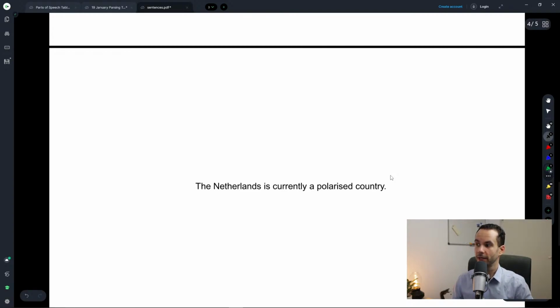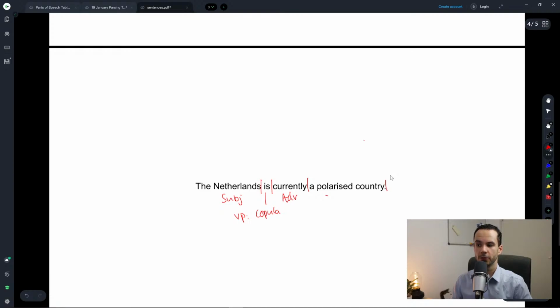So here we have the Netherlands, which is our subject. We have is, which is our copula. Currently, which is our adverbial. And a polarized country.